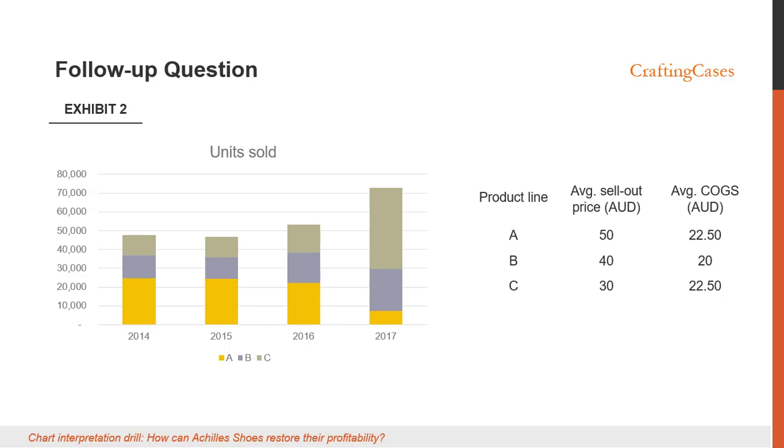So I would guess that product C has a lower margin, so let's take a look at that. It seems like the gross margin for product A is under 50%, looks like 45%. For product B, that's clearly 50%, and for product C, that's 75%.